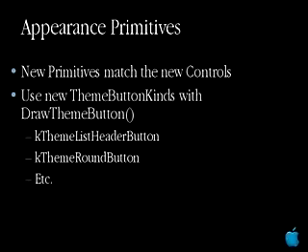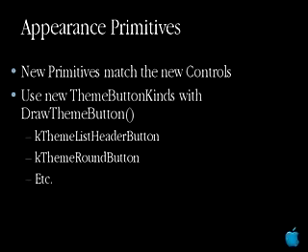So the new controls that we're offering are obviously backed by new appearance primitives. And if there isn't a primitive that directly applies to that control, we've probably enhanced Draw Theme Button to take care of that particular widget. There are a number of new theme button kinds that are used with the Draw Theme Button API. One particularly interesting constant is the kThemeListHeaderButton.